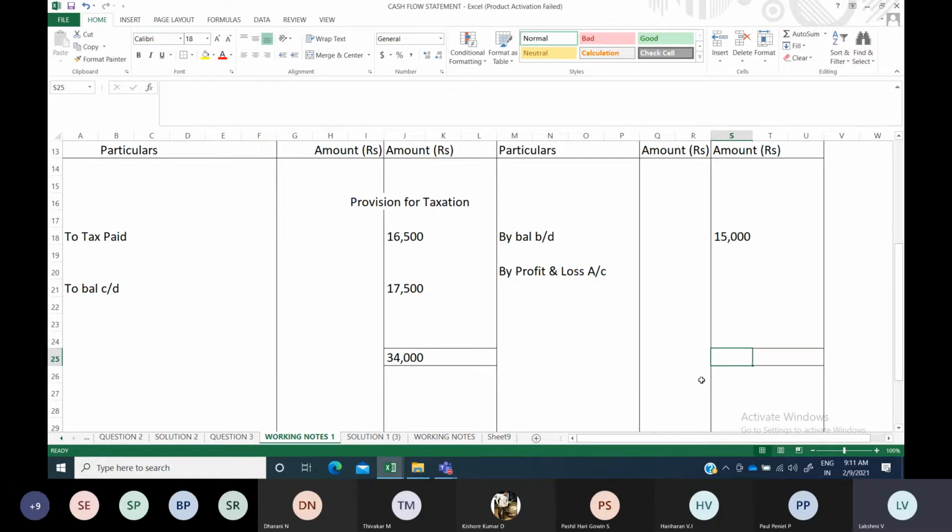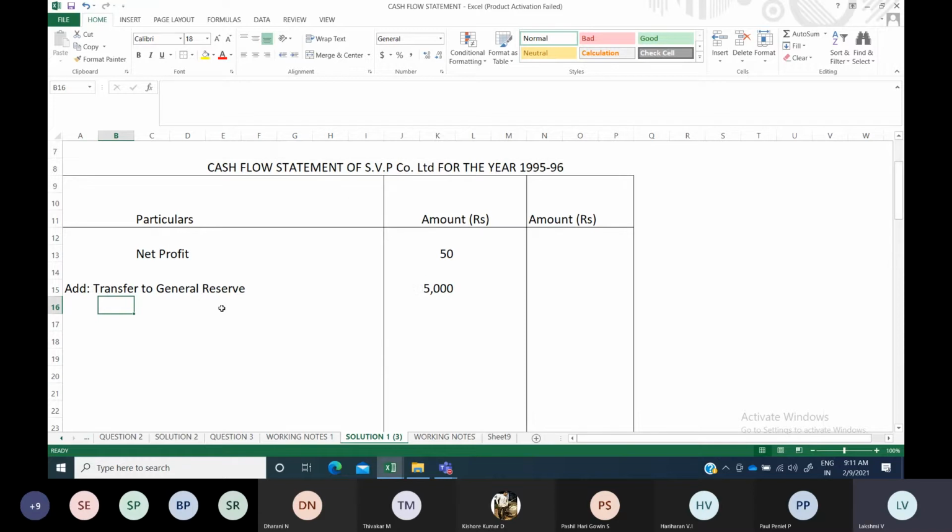Now what is the difference you have to find out? That will be the balancing figure, and that will be transferred to the profit and loss account. Here it will be transferred, provision for taxation, that amount you have to enter. Okay, so each place it will vary.